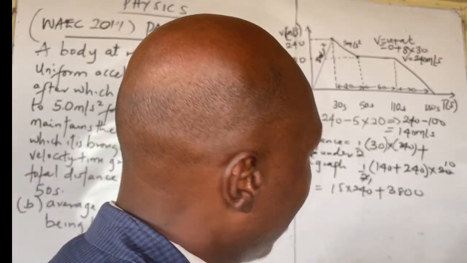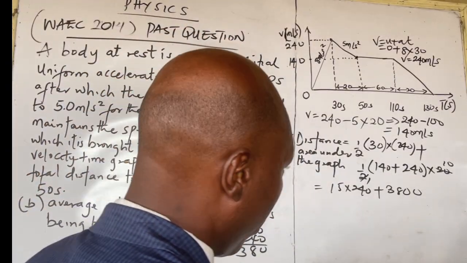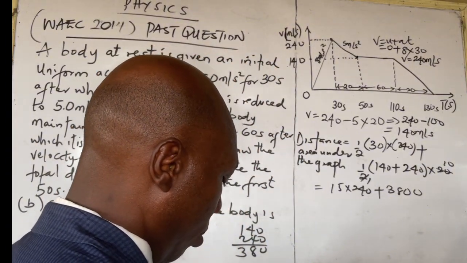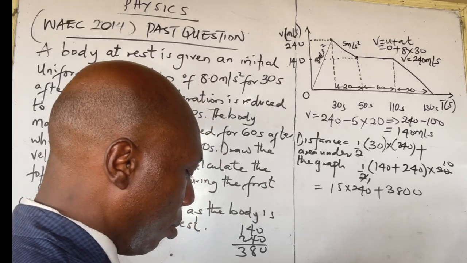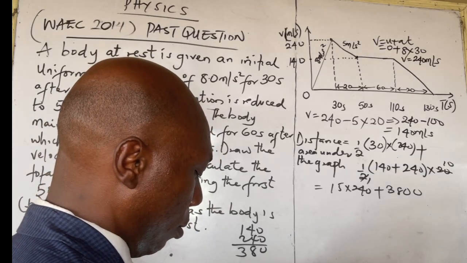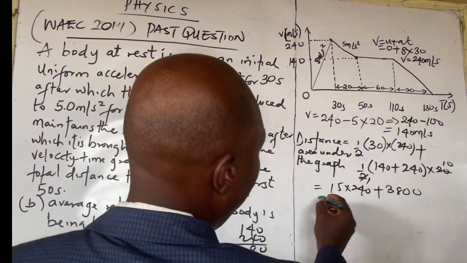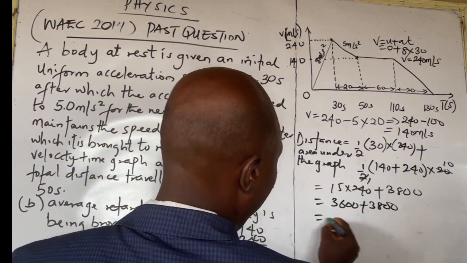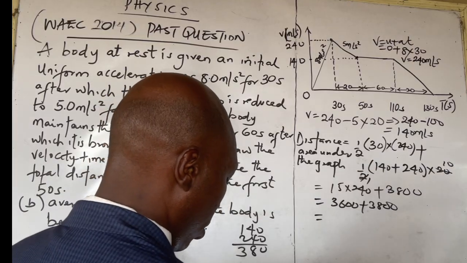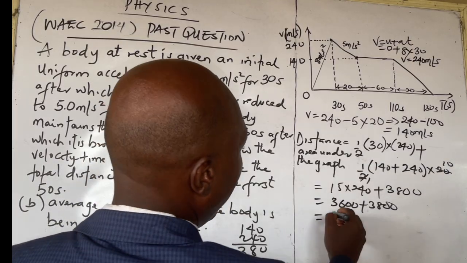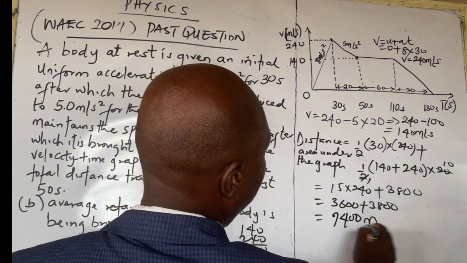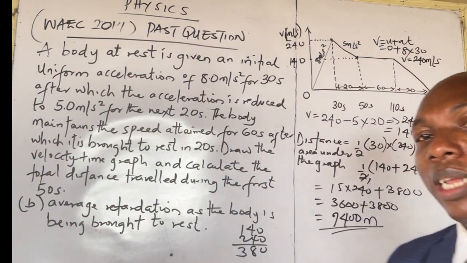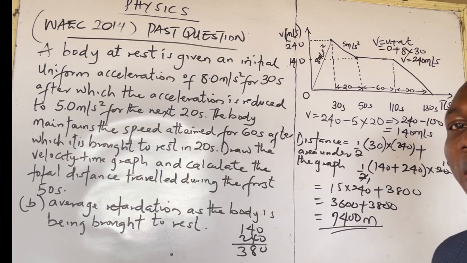We have 15 times 240, that's 3,600, plus 3,800. So that will give you 7,400 meters. So the distance covered in the first 50 seconds under the velocity time graph is 7,400 meters.